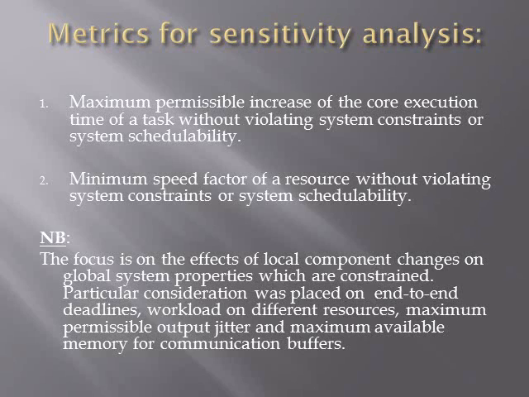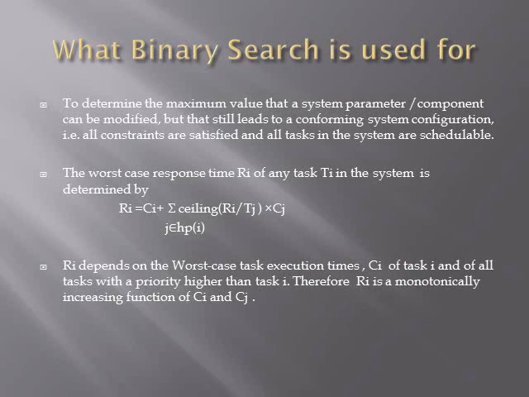Remember, we want to focus on how varying one change in a component would affect the entire system. A binary search was used to determine the maximum value that a system parameter or component can be modified, but still lead to a conforming system configuration.